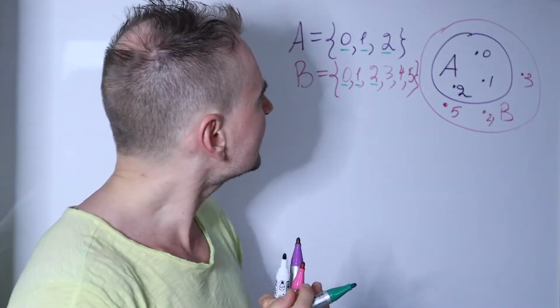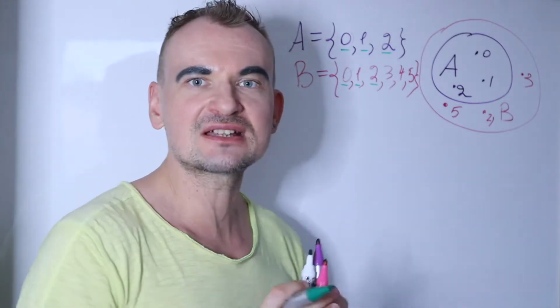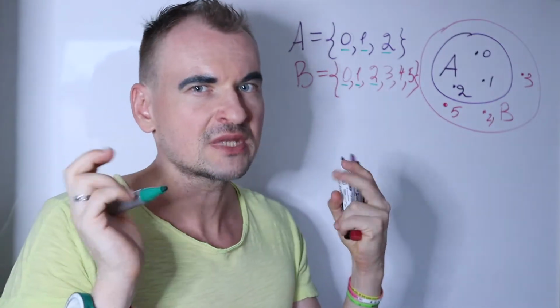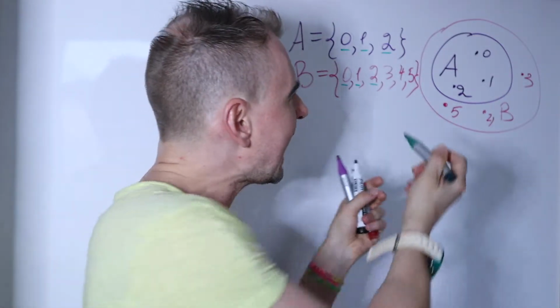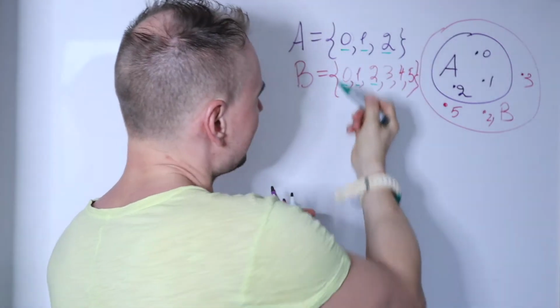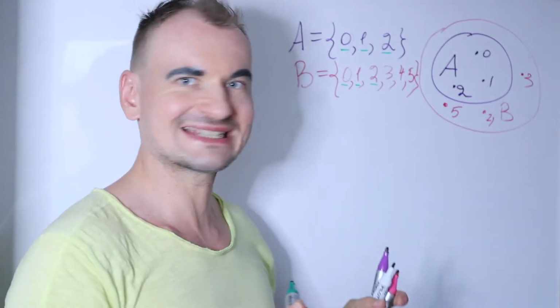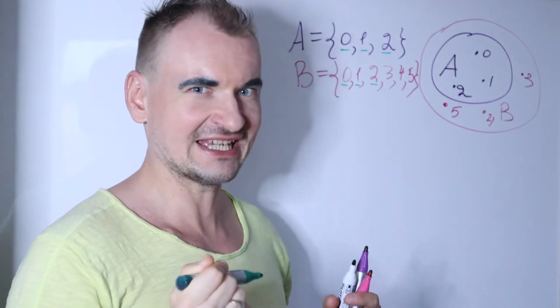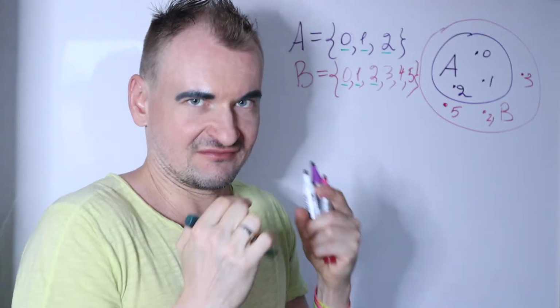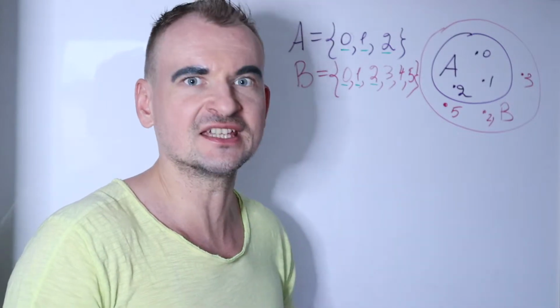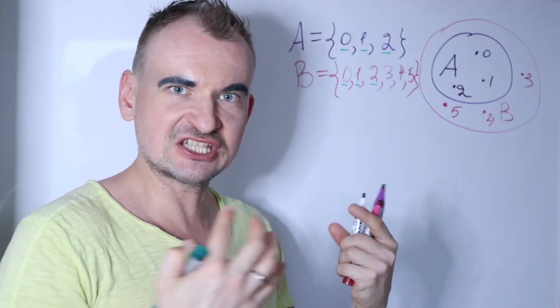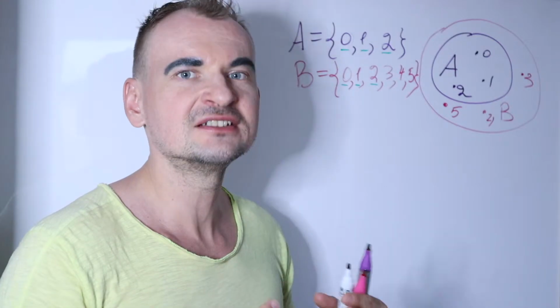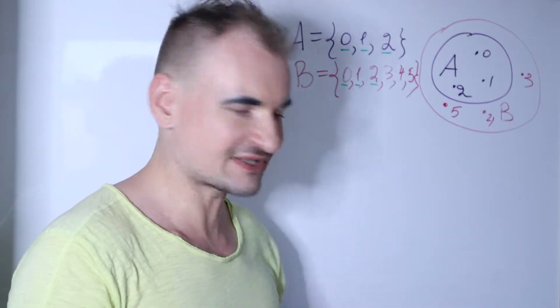So you could think of A as a set which is smaller than set B, and each element of set A is an element of set B. That's the important thing that allows us to define the subset.